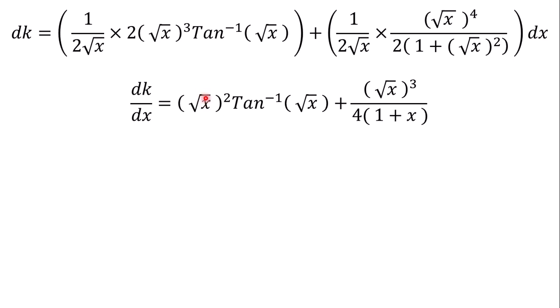Okay, so here let's look at this side. This 2 here, this square root sign will cancel out with these 2 and it will be left with x. And then when you come here, this one, when you open it, it can be written as square root of x times square root of x raised to the power 2, and that will give us x square root of x.